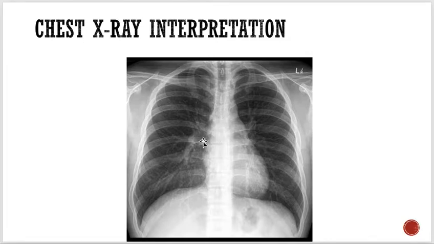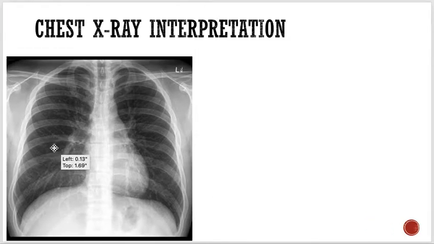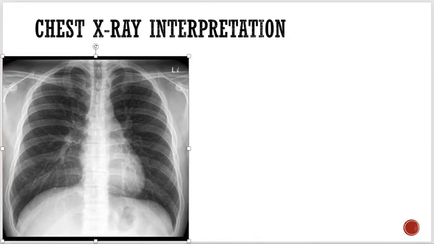The body is a three-dimensional structure, but an X-ray is basically a 2D representation of a 3D structure. For example, we can see the heart, the lungs, the bones, and different soft tissues. For example, this one is the liver, right? So an X-ray is a two-dimensional representation of a three-dimensional structure.